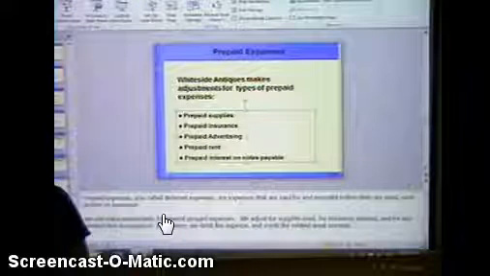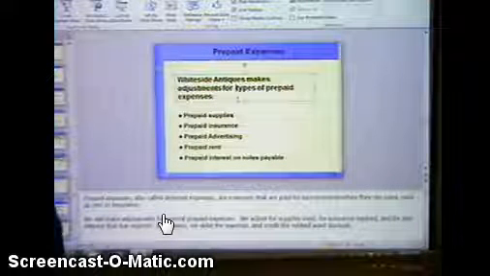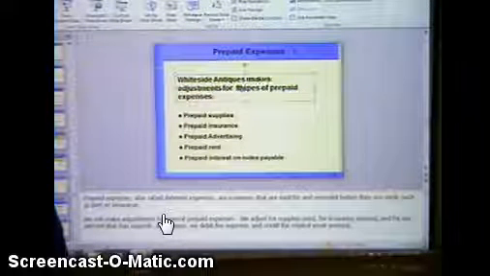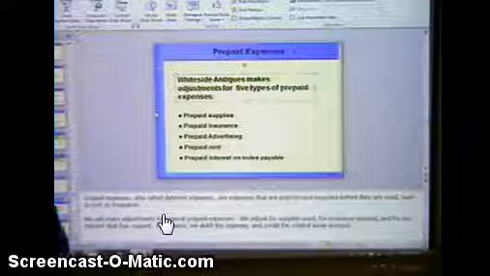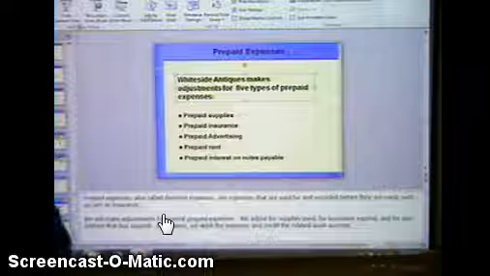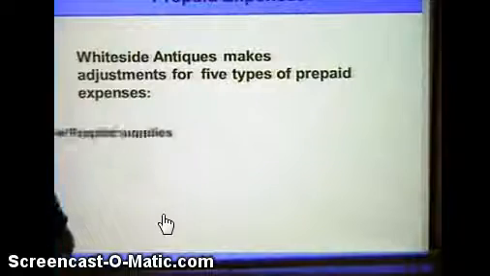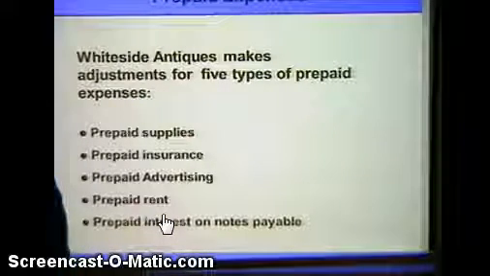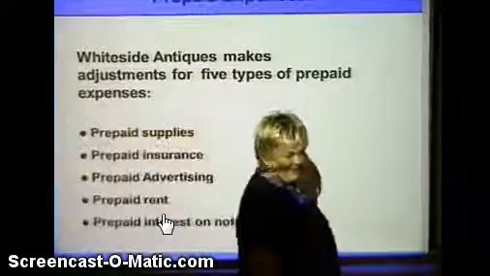Okay, so that's 1, 2, 3, 4, 5. Now, somebody's going to think of another one in a minute. Actually, we messed up because Whiteside didn't have those. But that's okay. I'm going to leave them on there.